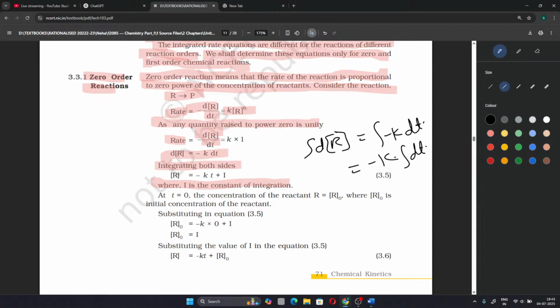When we integrate one, we get t, but there will be some constant which we lose when differentiating. Because of this, we add I, or C, the integration constant.